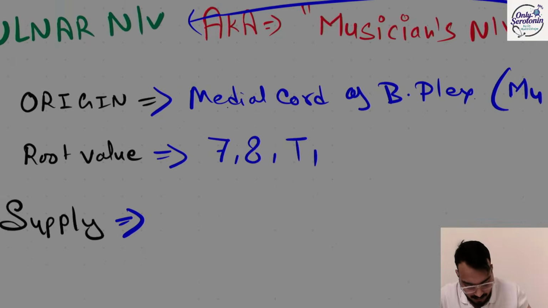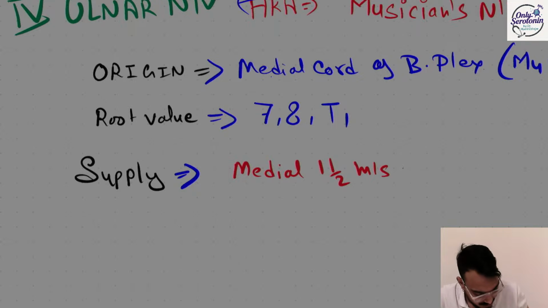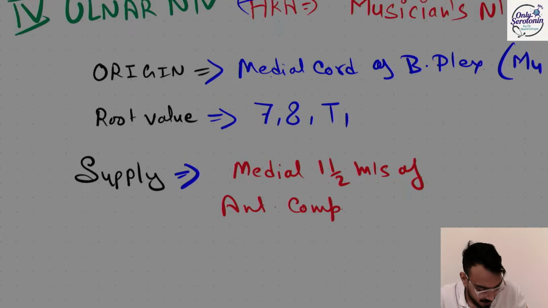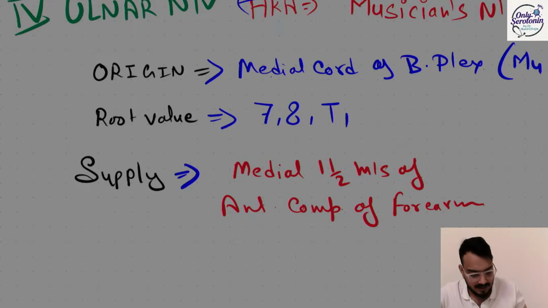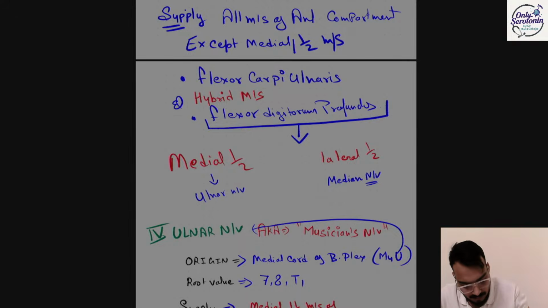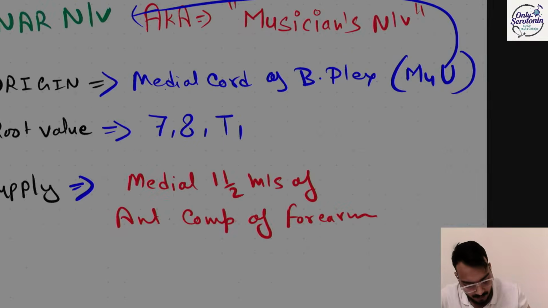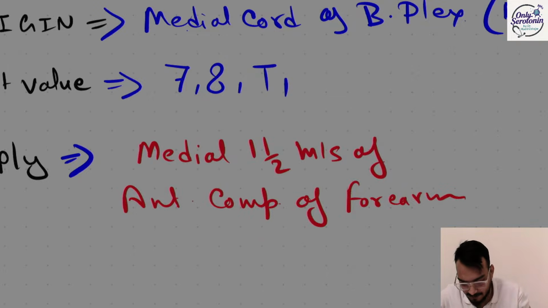So it is supplying to the medial half muscles of the anterior compartment of the forearm. Done.